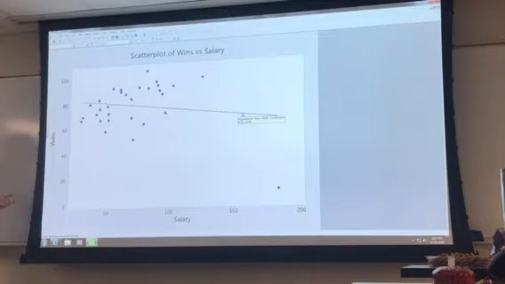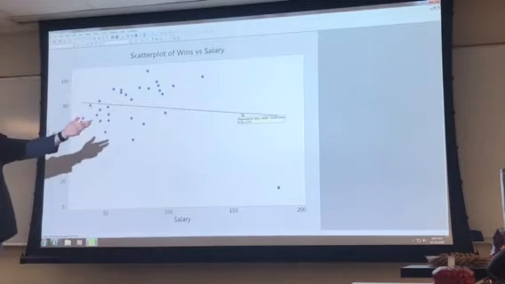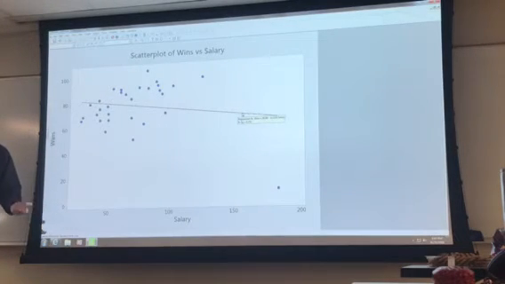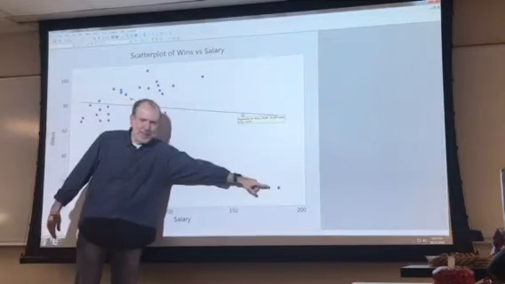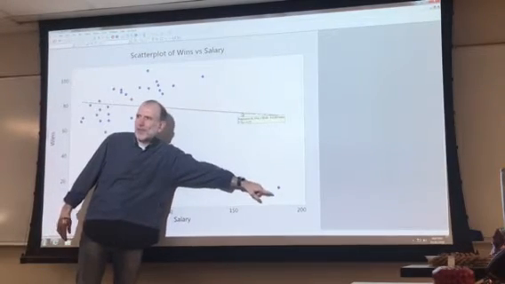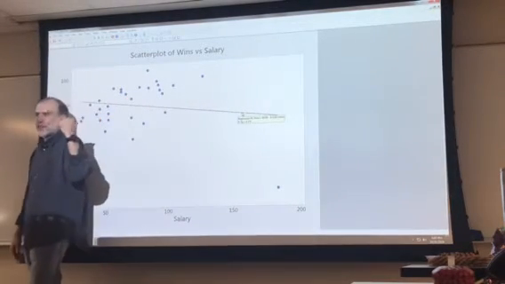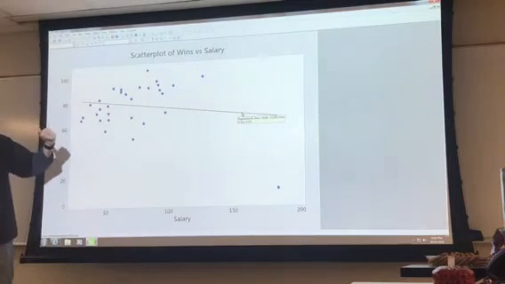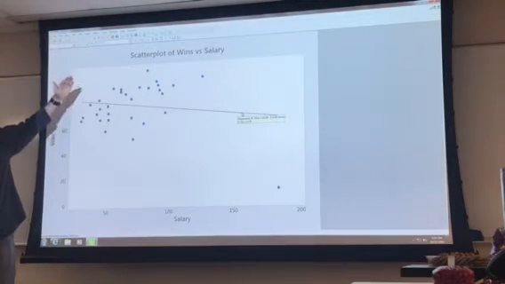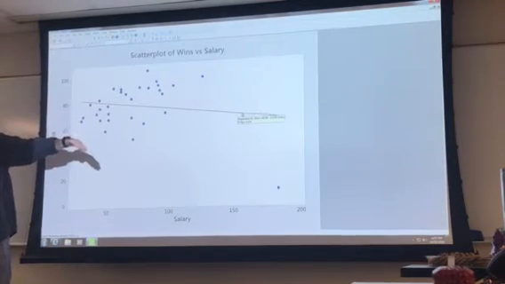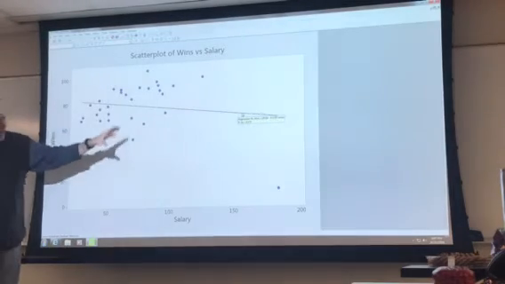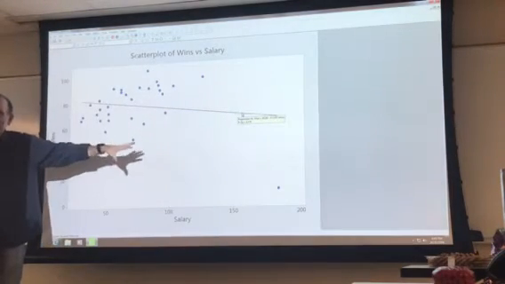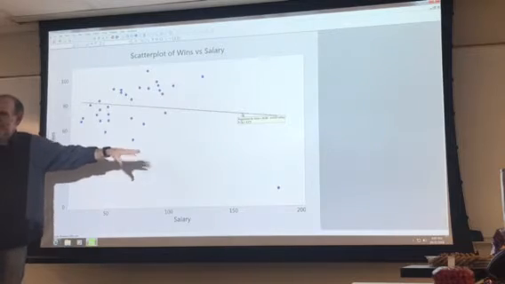In fact, every $1 million I spend, I'm going to win 0.11 fewer games. Why did the line change that much? Because the Yankees being way out here by themselves, that gives them a lot of leverage on this line. If they do terrible, that's going to pull the whole line down toward them. The reason is I don't have anybody else around them. I don't have anybody else to kind of cancel the Yankee effect.